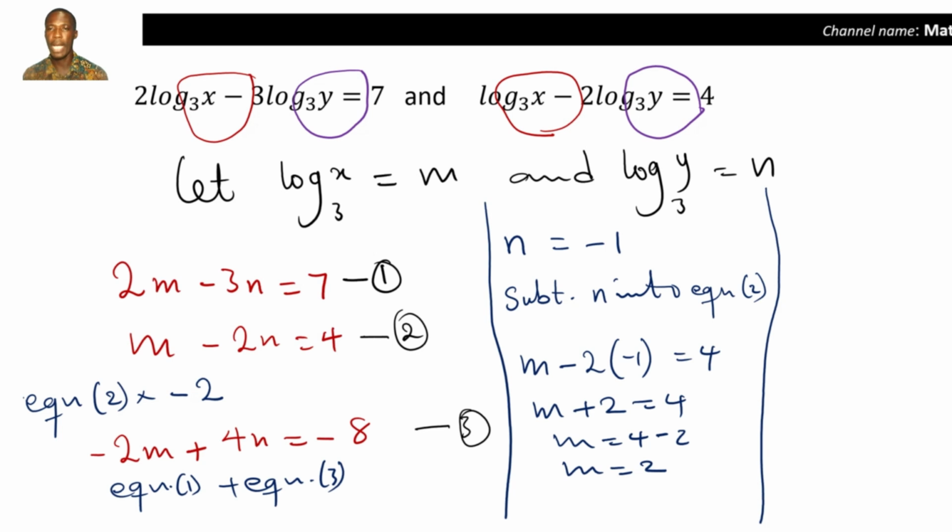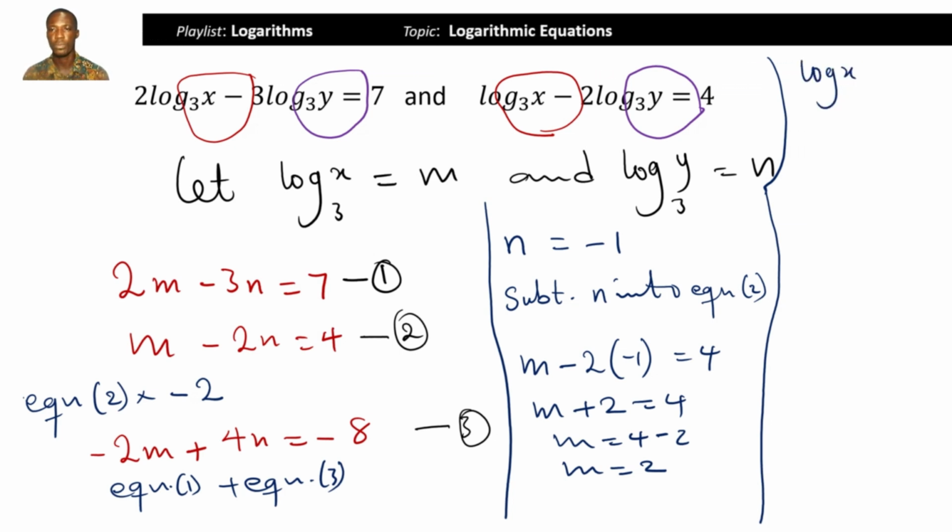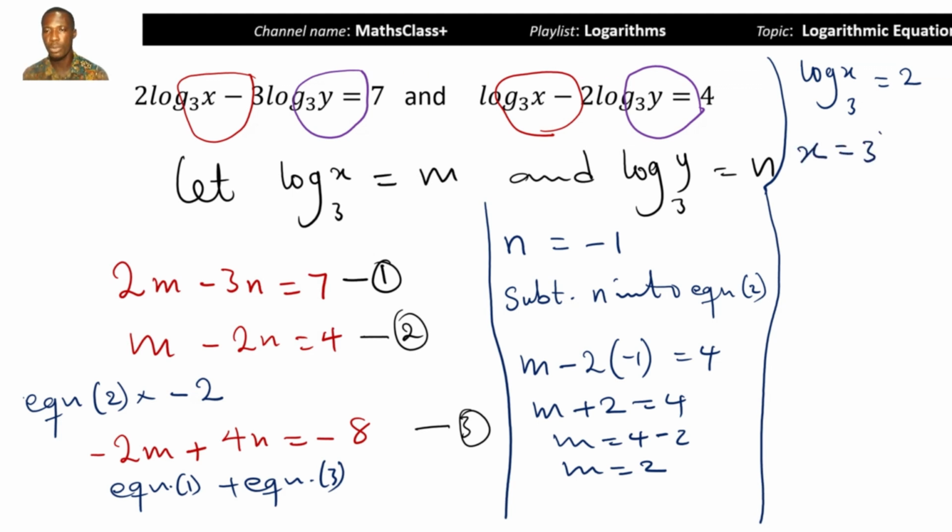However, m and n were not in the original question, so we put them back where we took them from. That is, m is representing log x to the base 3. So log x to the base 3 is equal to 2. So that means x is equal to 3 to the power 2, which is x is equal to 9.